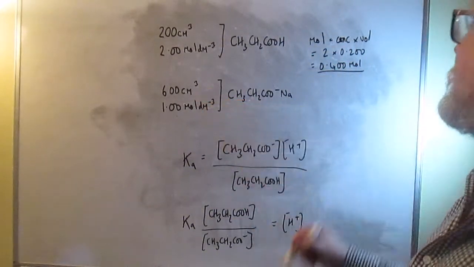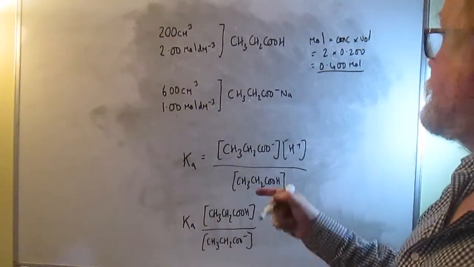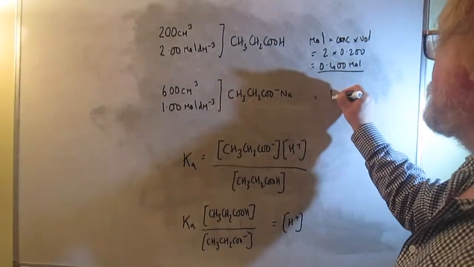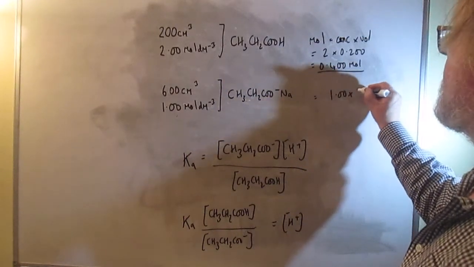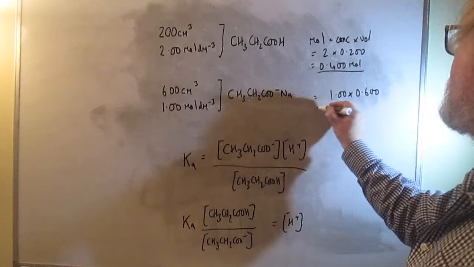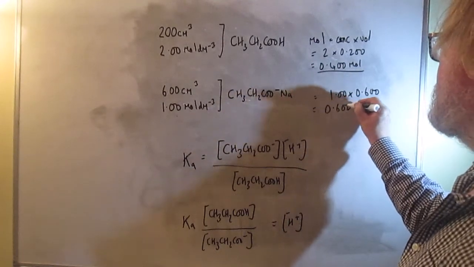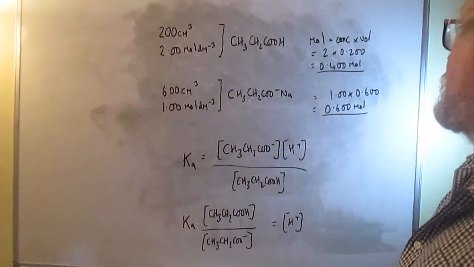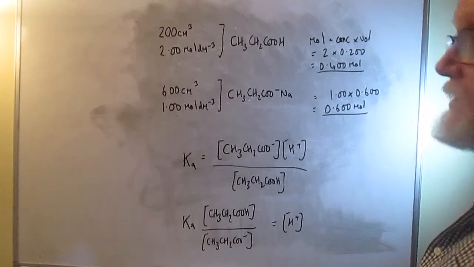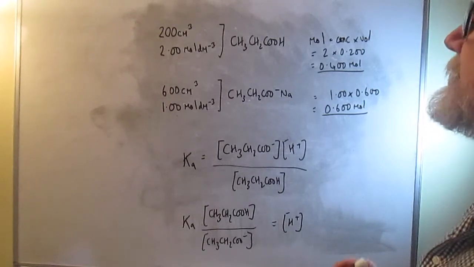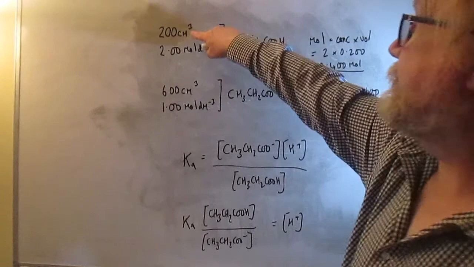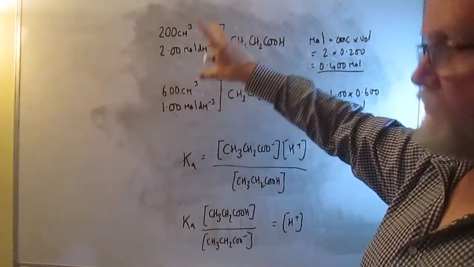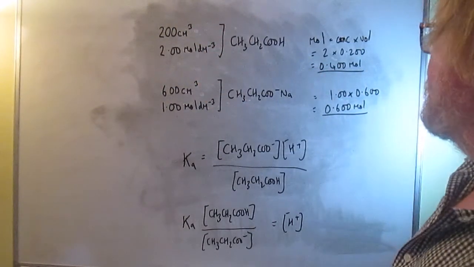And then for this one, again we've got moles is concentration times volume, which is equal to 1 times 0.6, which is 0.6 moles. And then to convert those into concentrations, we just have to divide by the total volume. So we've got 200 and 600 makes 800 cm cubed altogether.